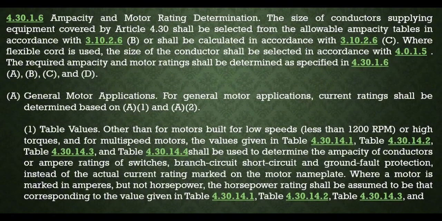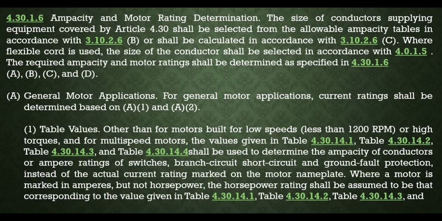From this section, 4.30.1.6 outlines how to determine the correct ampacity and motor ratings for electrical equipment. It states that conductor sizes must be selected from ampacity tables or calculations, referencing sections 3.10.2.6b and c.